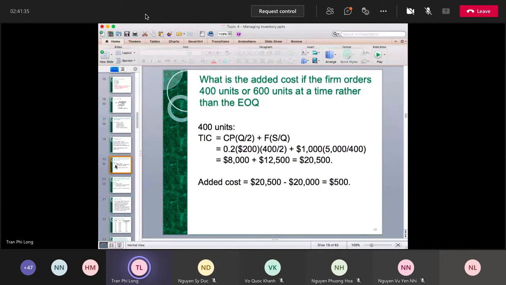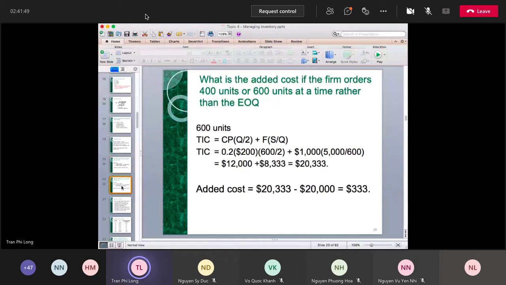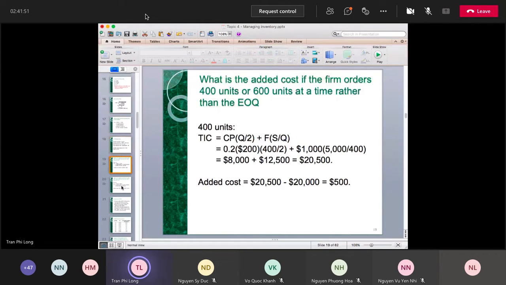Okay, any questions? Okay, let's see what happened if the company doesn't order at the optimal quantity, let's say lower or higher than the optimal point, 400 units or 600 units.